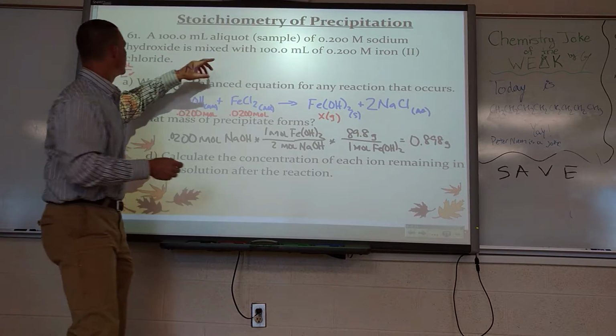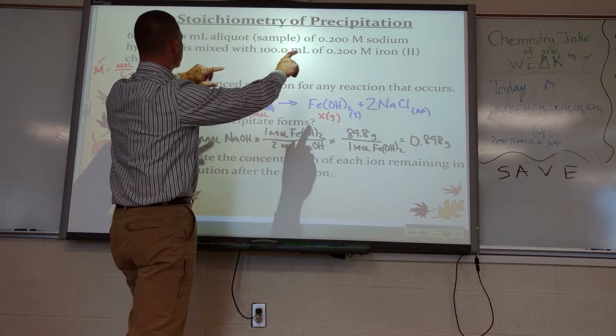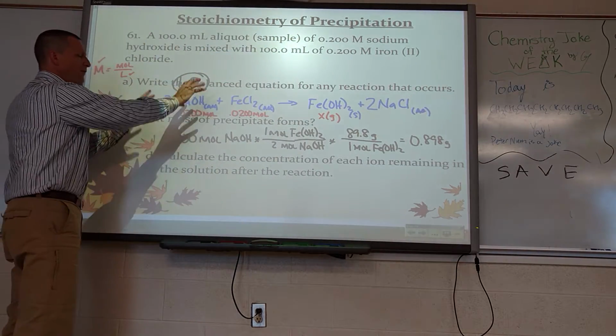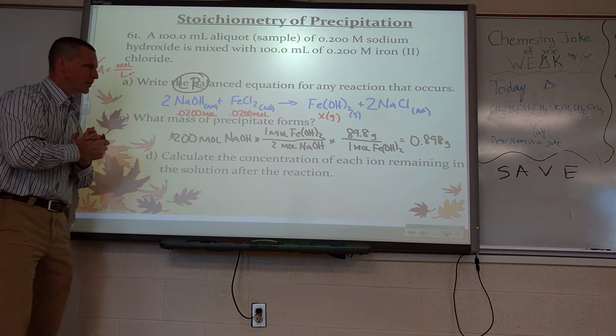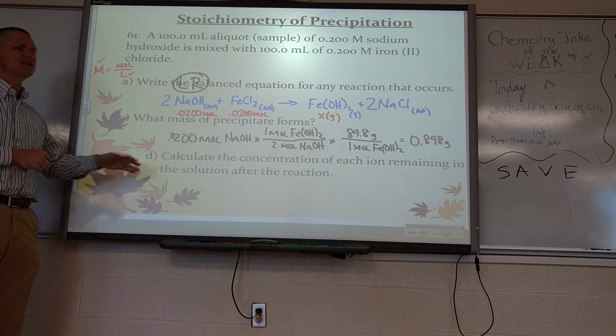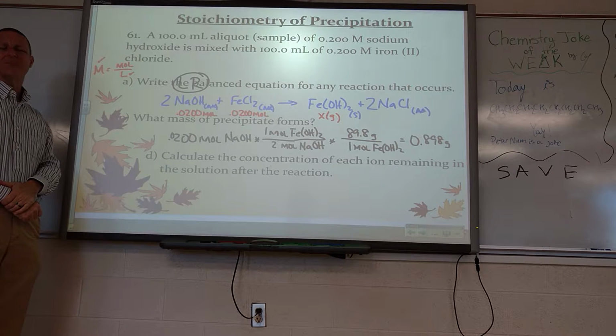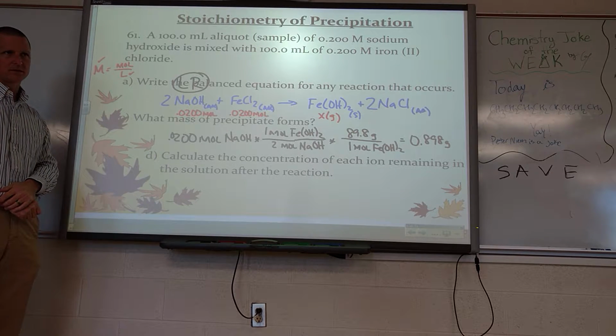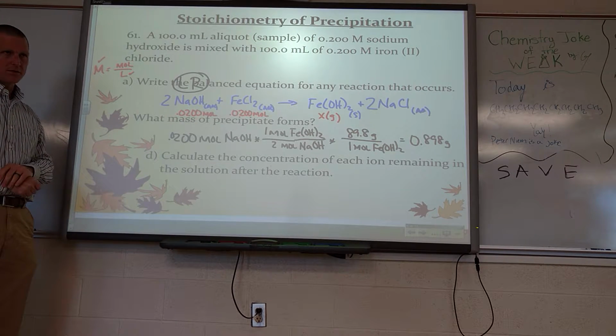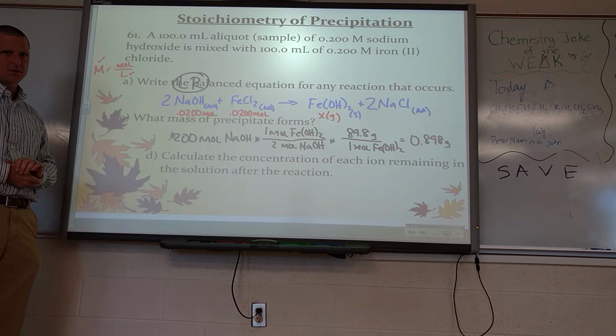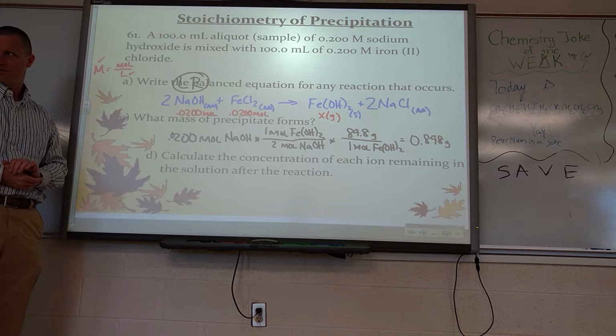There were 2 ions in sodium hydroxide. There were 2 ions in iron 2 chloride. So we got 4 ions that we're dealing with. How many still remain in the solution, not precipitated? How many? 2. No. 4. No. 3. 1. 3 is correct.